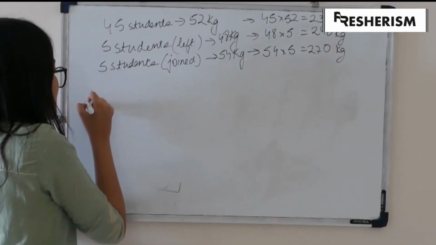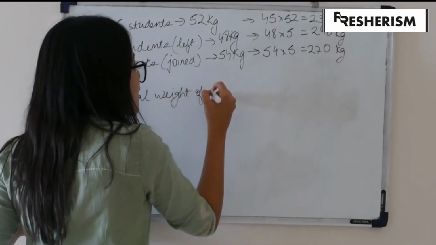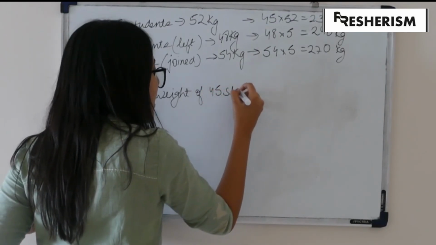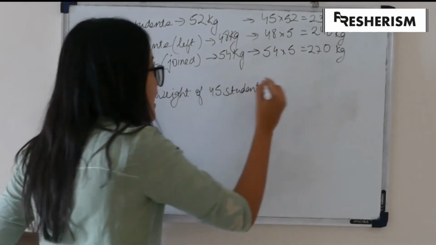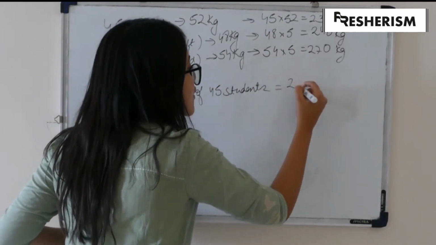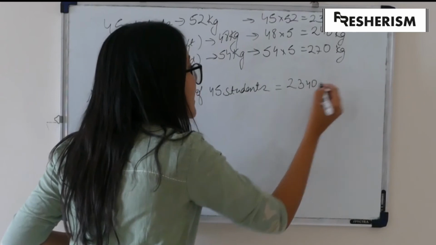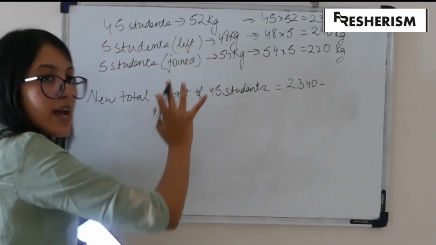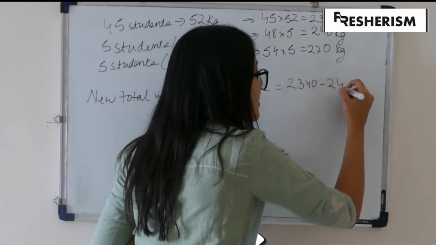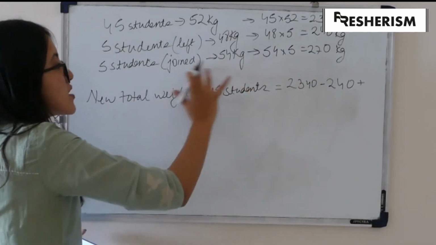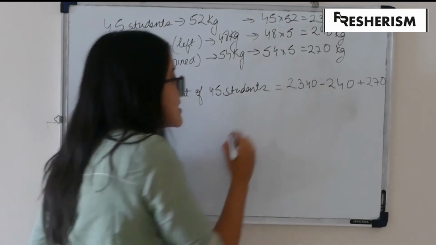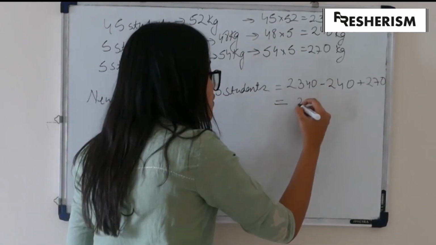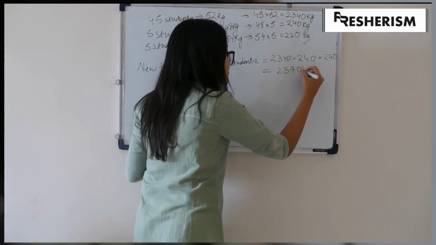Therefore, the new total weight of 45 students will be, remember we are talking about total weight here, not the average weight, 2340 minus the total weight of students who left, which is 240 kg, plus the total weight of students who joined the class, which is 270 kg. This gives us the value as 2370 kg.